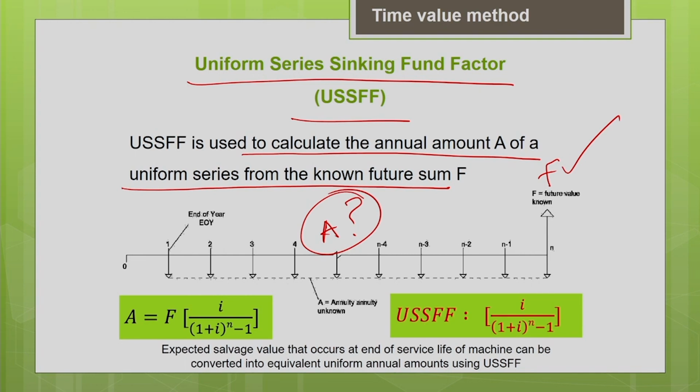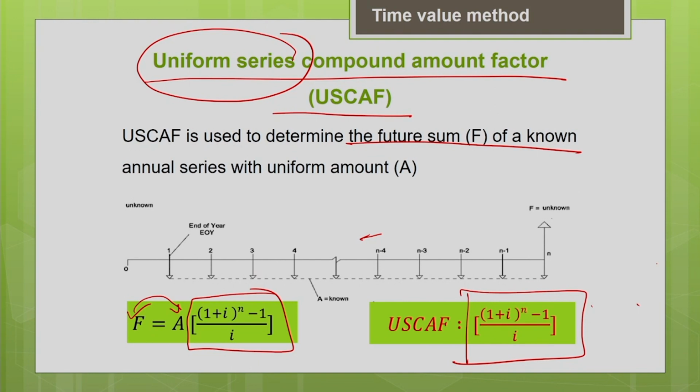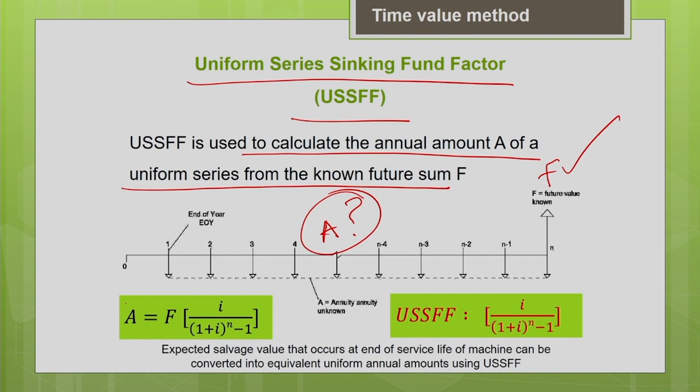It is just obtained by transposing the earlier equation. If you transpose this equation, you will get the A value. So you are going to find A from F, i and n. All these are known, this is unknown.